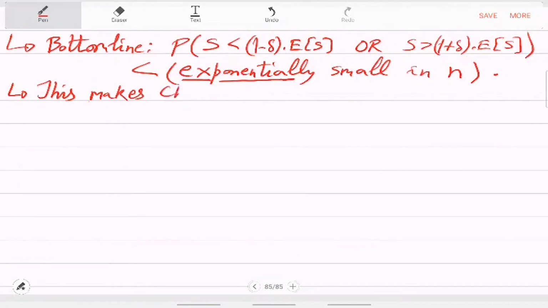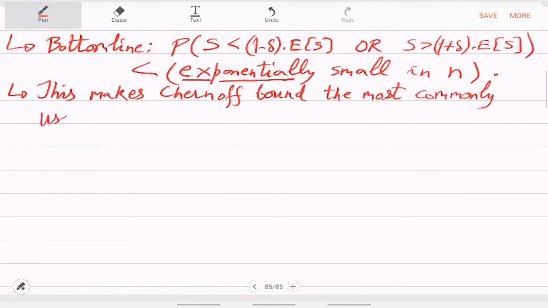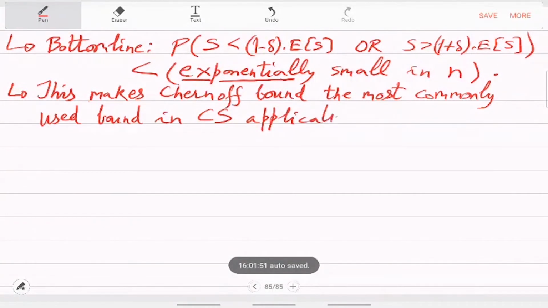So this makes Chernoff bound the most commonly used bound in CS applications, be it theoretical or practical. Chernoff bound is used almost everywhere.